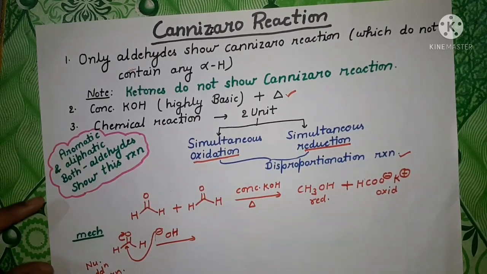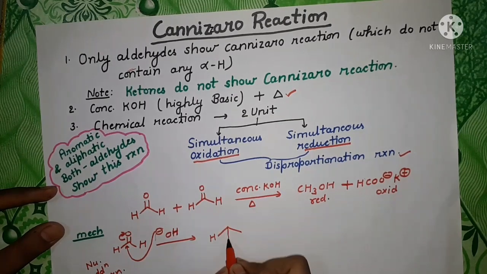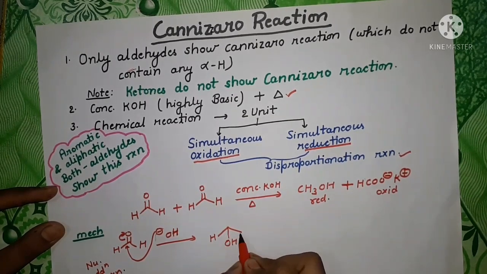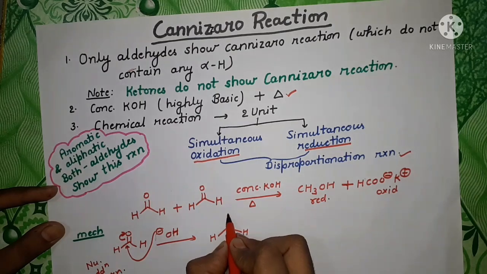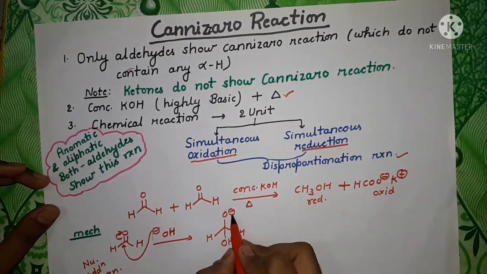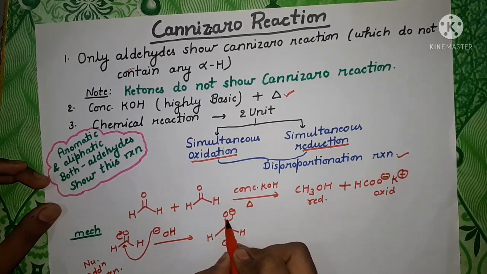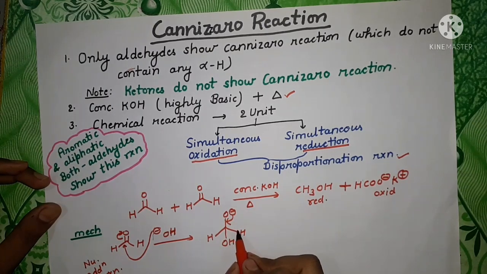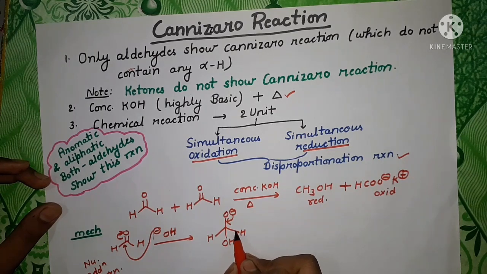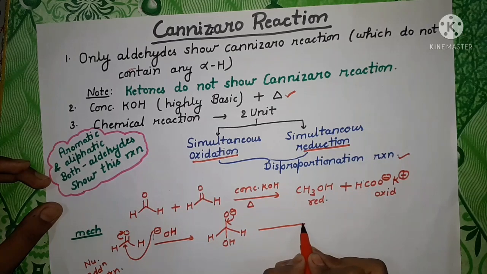Alright, and what we get is a tetrahedral type alkoxide, and this negative charge from the oxygen will shift and form the carbonyl, and this hydride shift will occur.